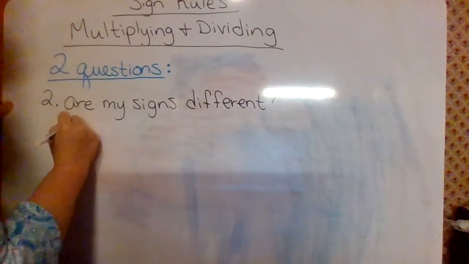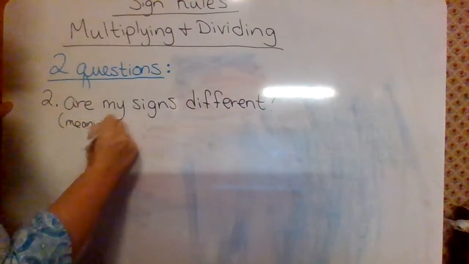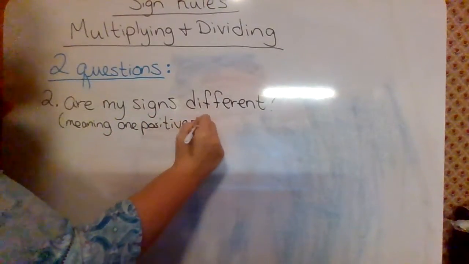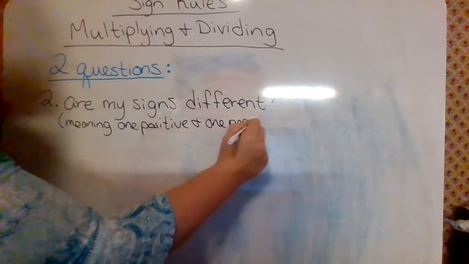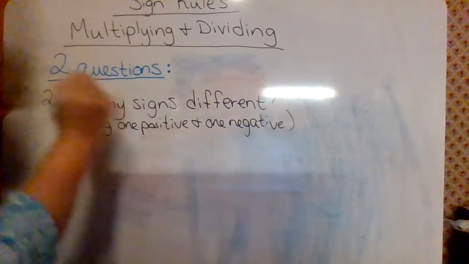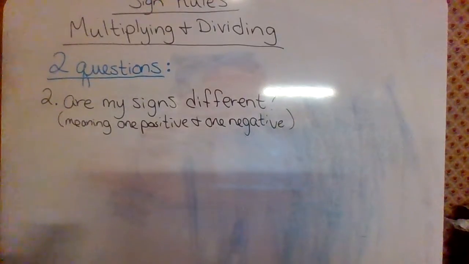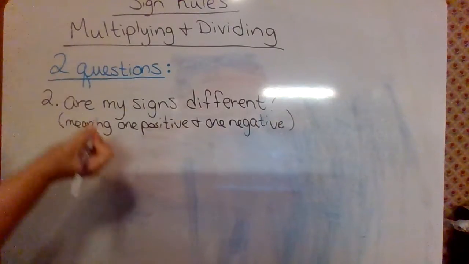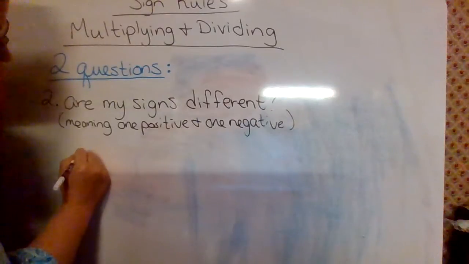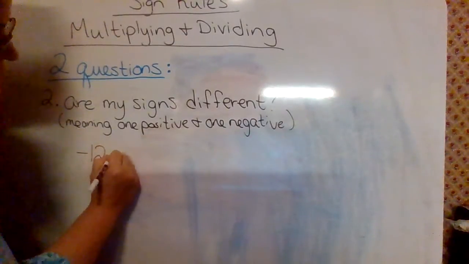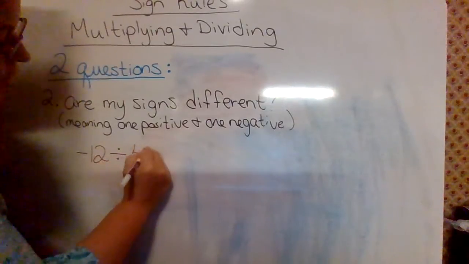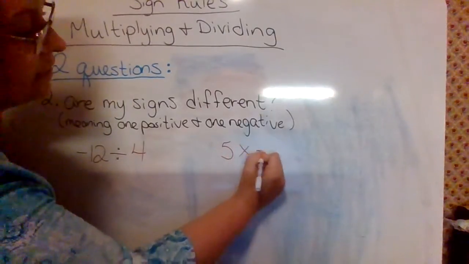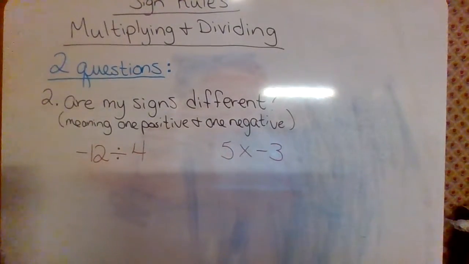So what I mean here is one positive and one negative. So that's my second and final question that I have to ask when I'm multiplying and dividing. So let's say that I give you -12 divided by 4. And then let's say I give you 5 times -3. So those are my 2 examples for this one.